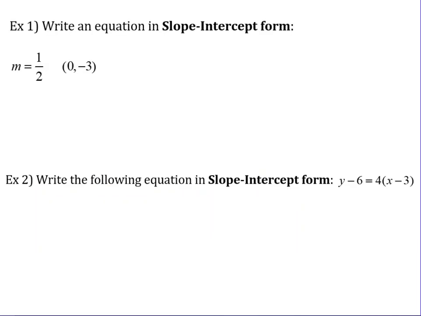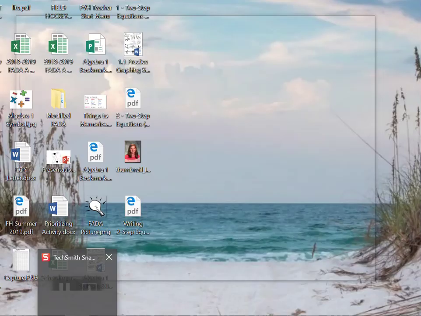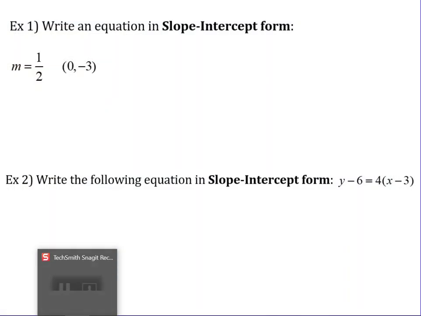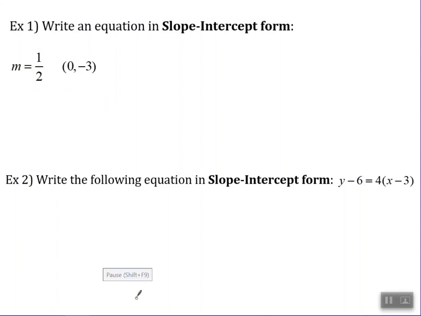So example 1 says write an equation in slope-intercept form. I like to write here what that one is, y equals mx plus b, just to help me remember it.